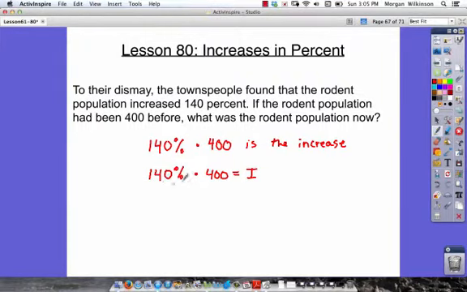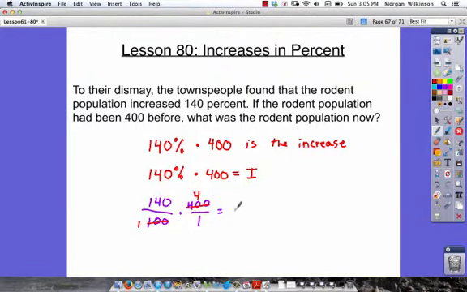Let's solve. 140%, well, that's the same thing. We'll use a purple color today. 140 over 100 times 400 over 1 equals I. Let's see what we get. Well, we can simplify before we multiply. We know that 400 over 100 is the same thing as 4 over 1.